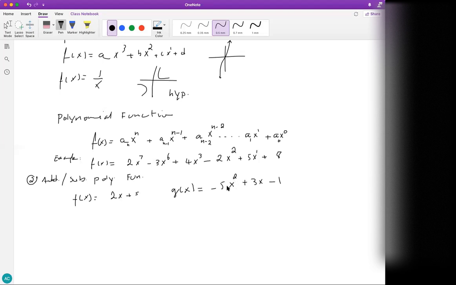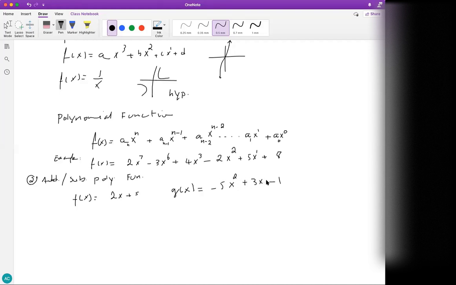What do we call a polynomial with 3 terms? Everybody, what do we call a polynomial with 3 terms? This is a binomial. What would this one be? No, it has 3 terms.